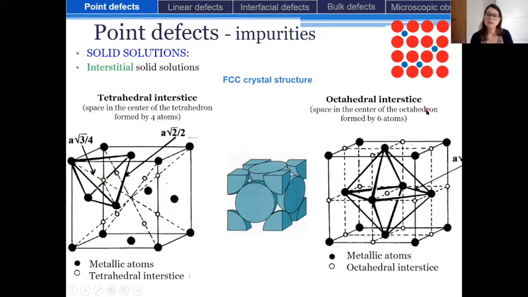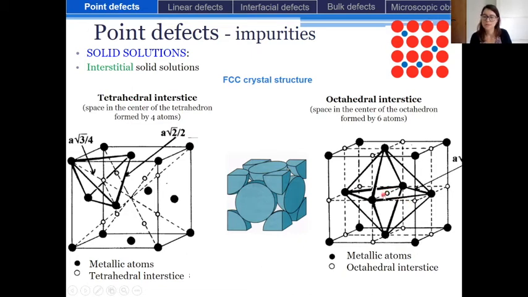In the case of the octahedral interstice, it is formed at the center of an octahedron. This octahedron is formed by 6 atoms that are located at the center of each face of this unit cell. Okay, and so at the center of this octahedron, we have an octahedral interstice.